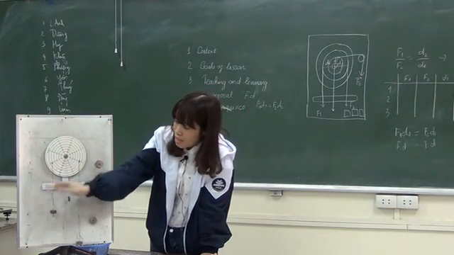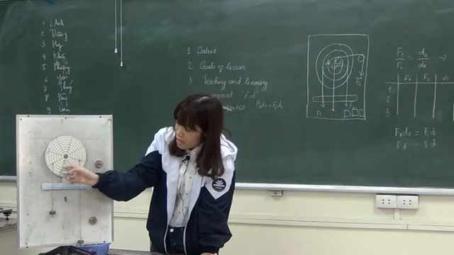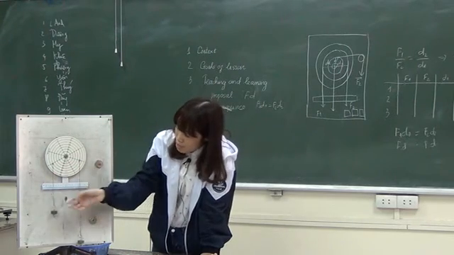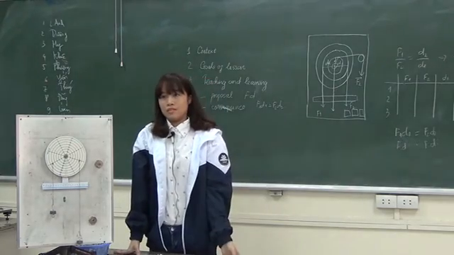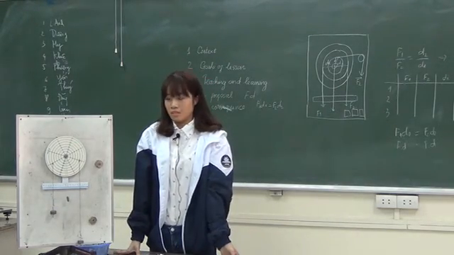So we have F1, F2, we have D1 and D2, and we measure D with the ruler. Okay. And how about the case of two concurrent forces?